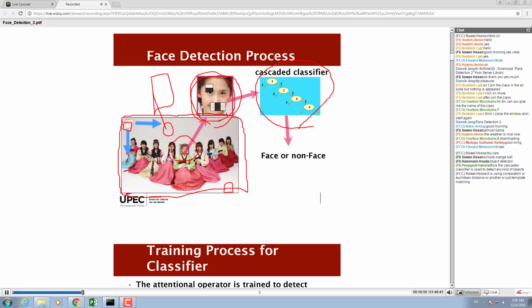For example, if you are using template matching, you calculate the distance, like Euclidean, and you can give some threshold and select objects with a small distance. That is a very basic approach, but this algorithm is not using that kind of basic approach.